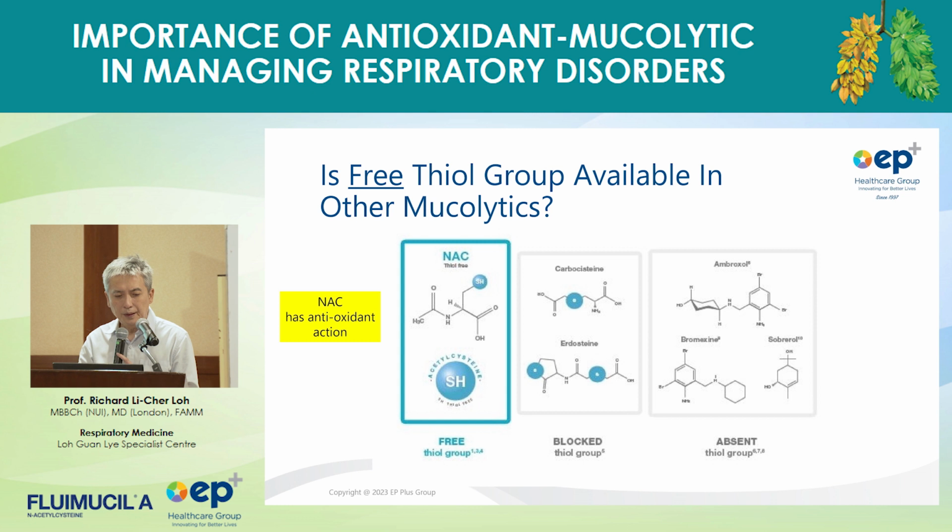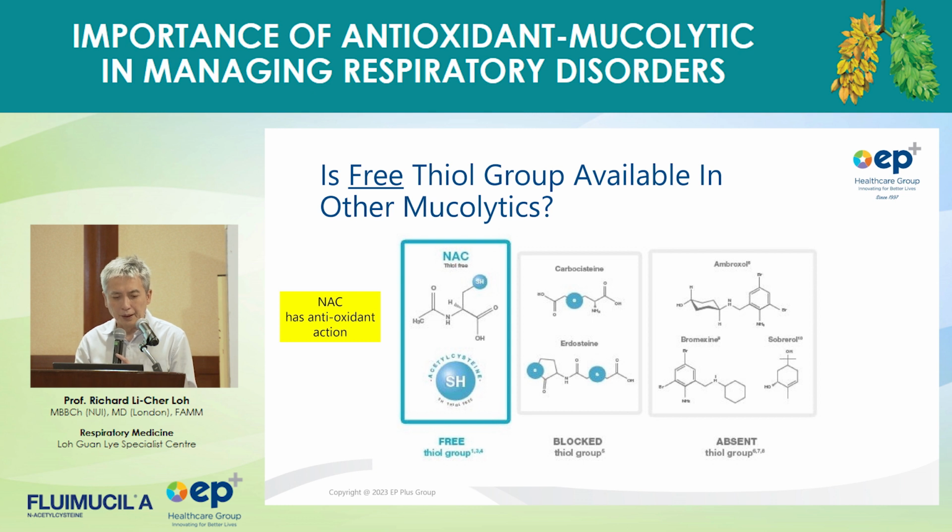Now, NAC differs from the others in having a free thiol group here. The thiol group is the one that exerts the antioxidant property, whereas carbocysteine or erdosteine does not have a free group. It is a blocked group, and there's no free thiol group in Mucosolvan or bromhexine.